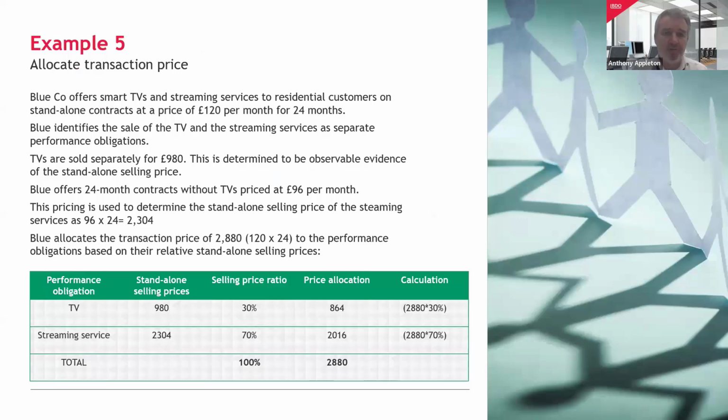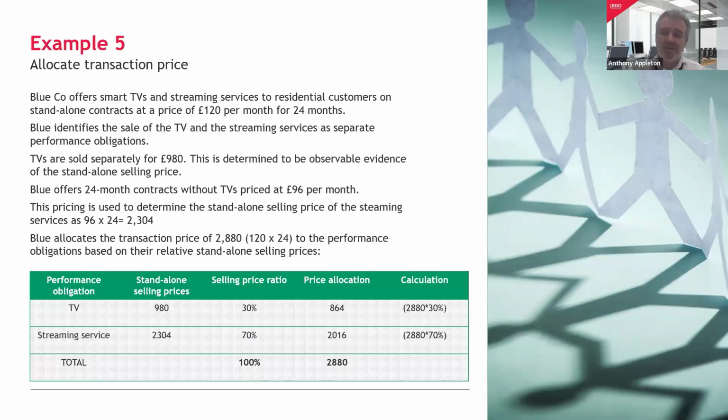So Bluecoat offers smart TVs and streaming services to residential customers on standalone contracts at a price of £120 per month for 20 months. If we look at those two performance obligations, they might deliver to other people the TVs without streaming services, and they might deliver streaming services for people to use on their own TVs.